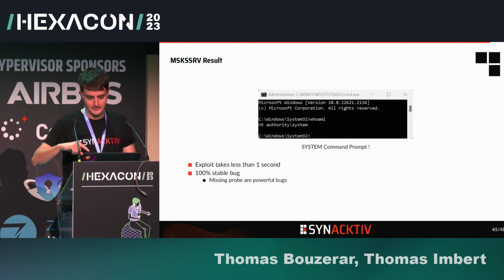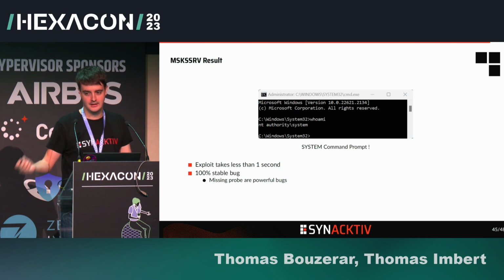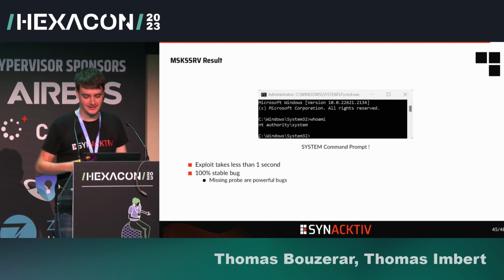And after the fix was released by Microsoft, and some articles were describing the vulnerability, some people found that there was a bug very close to this bug, and it was exploited in the wild. I didn't notice it. I was looking at the driver very quickly.